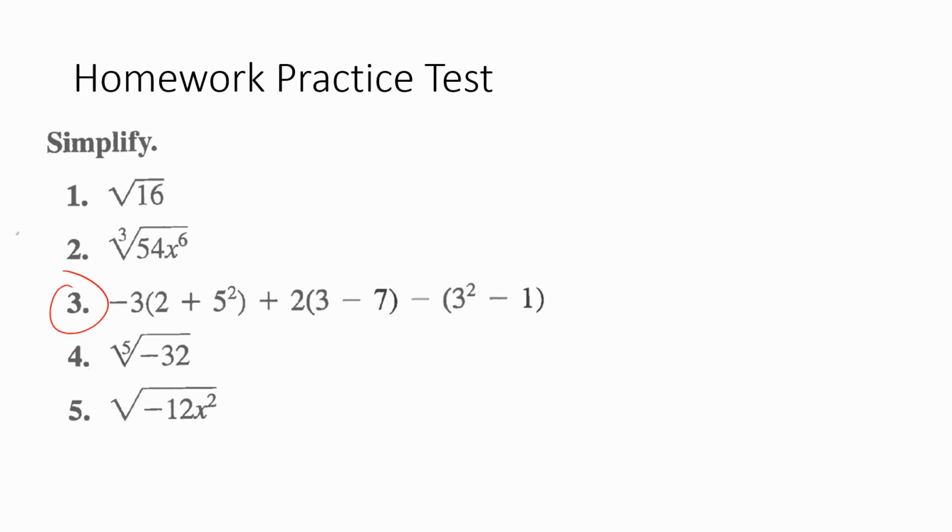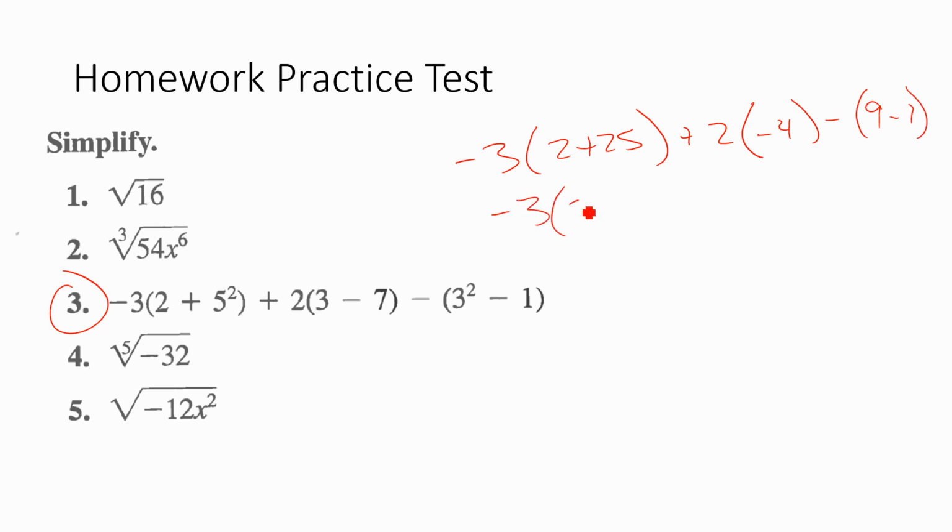Problem 3. Let's simplify from the inside out. So we'll have negative 3, 2 plus 25 plus 2. 3 minus 7, we can turn that into negative 4 minus 9 minus 1, just doing one step from each of the parentheses.